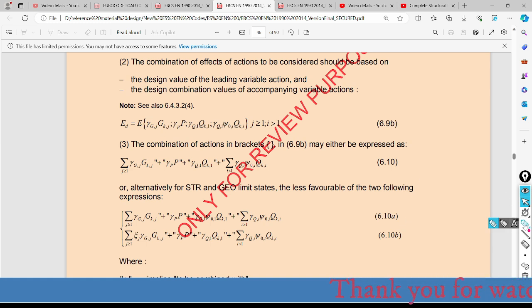All those combinations involve the floor live load and other accompanying variable loads, the permanent load and the pre-stressed load. So this is 6.10.